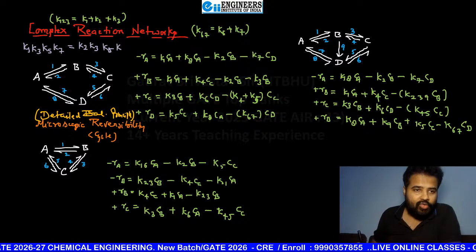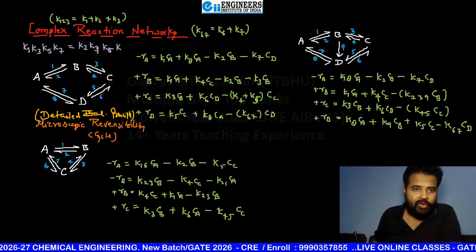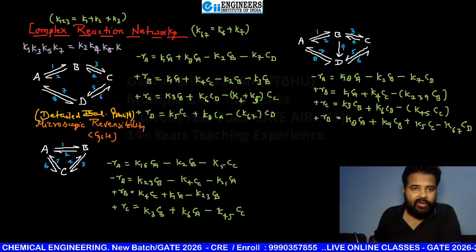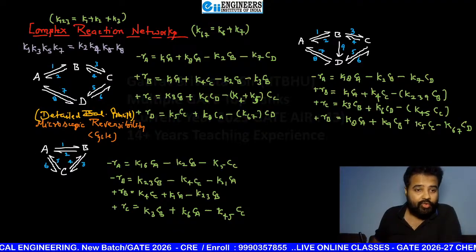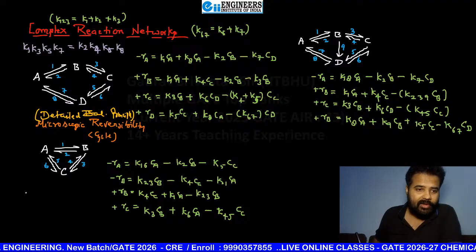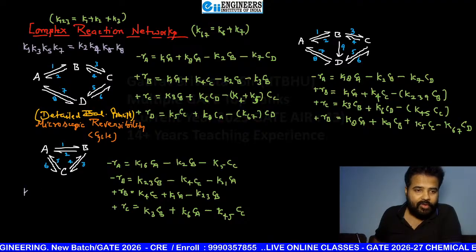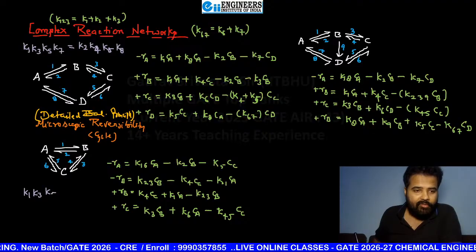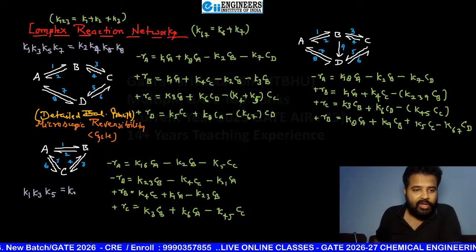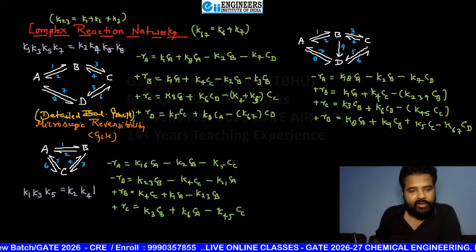Okay, 2 backward, 4 backward, and 6 backward and 8 backward. And according to this principle of detailed balance, you can write K1, K3, K5 equals K2, K4, K6.